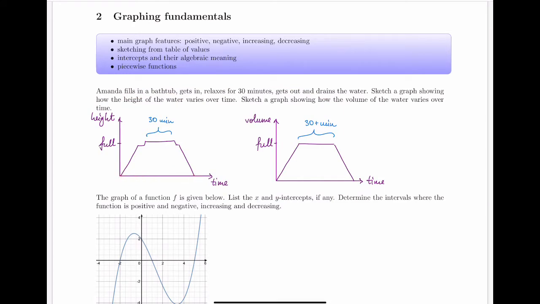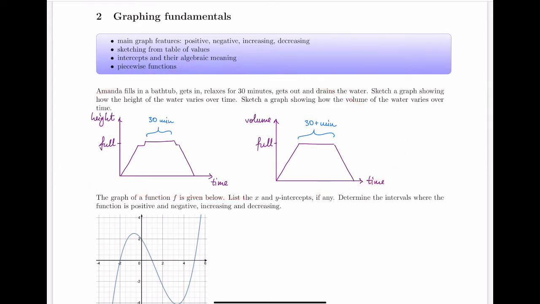We did not know how much time there was between filling up the tub and getting in. All we knew was that there were 30 minutes when Amanda actually just relaxes in the tub. So this was the only indication of the scale. Introducing a coordinate system and being more careful with how we sketch the graphs will, of course, provide more information about the graph and more information about the situation.